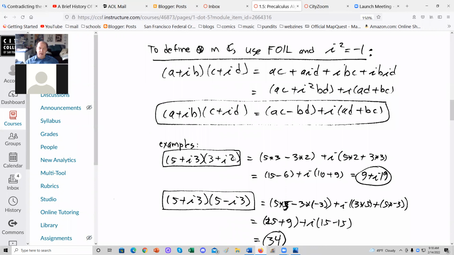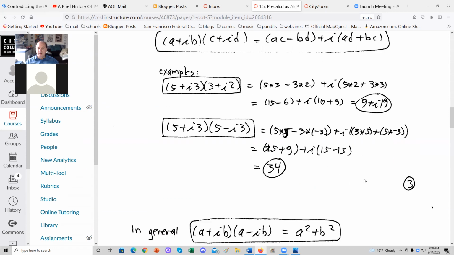It's 5 plus i3 times 3 plus i2. 5 times 3, okay, here. i3 times i2 is minus 3 times 2, here. i times 3 times 3, i times 5 times 2. Okay, here it's 15 minus 6 is the real part, plus i times 10 plus 9. After a bit of arithmetic, it's 9 plus i19.